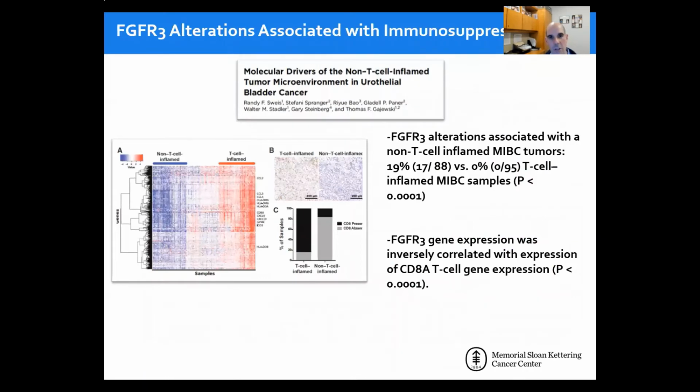In part also because there is some emerging data that suggests that FGFR3 alterations are associated with an immunosuppressive tumor microenvironment. And this potentially lends itself to combinations with immune checkpoint inhibitors. This is some data from the University of Chicago group reanalyzing the TCGA that found a relationship between FGFR3 alterations and what's called the non-T cell inflamed tumor microenvironment.